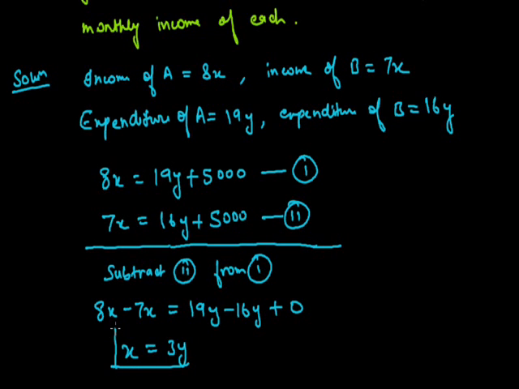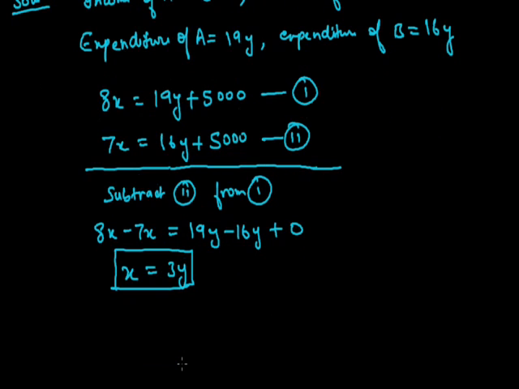Now with this relationship, we'll use it in any one of the equations and accordingly we'll get the value of x or y. So if I put the value of x as 3y, let's take equation 1.